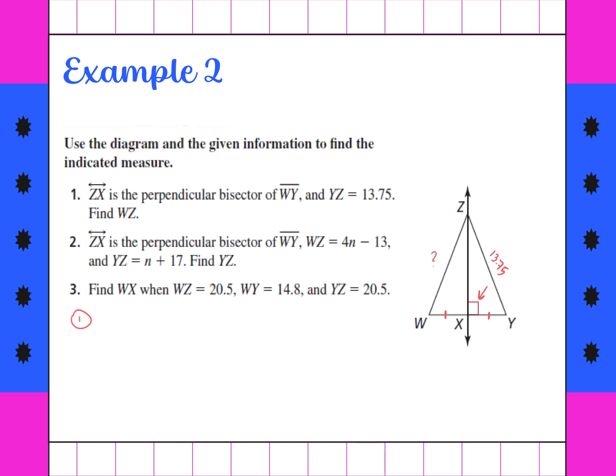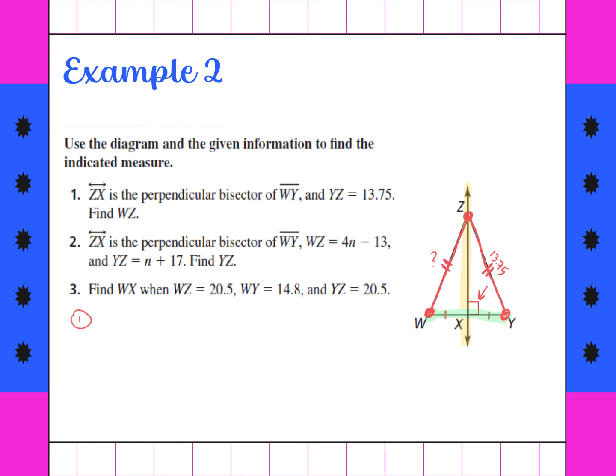and it wants to know what this side is. Well, again, if this is the perpendicular bisector of segment WY, then I know that a point that lies on the line, for example, point Z, is going to have the same distance to W as it has to Y. So ZW is going to be congruent to ZY.